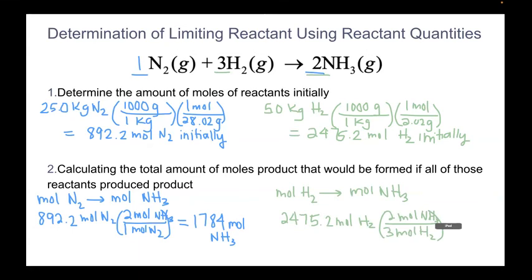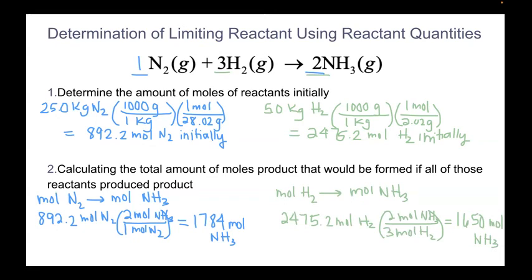And when I plug that into my calculator, we end up getting that this would form 1,650 moles of NH3.